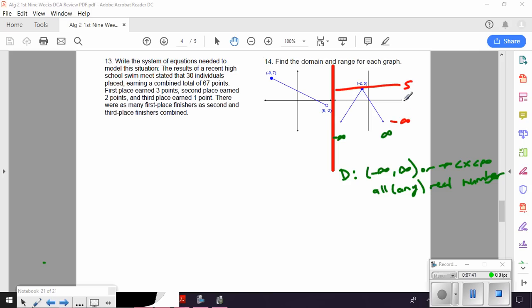So the range on this graph in interval notation is negative infinity to 5, and we would put a square bracket on 5 since it's a closed dot. It's a definite point. In inequality notation, you would write negative infinity less than y less than or equal to 5. Sometimes they could just say y is less than or equal to 5.